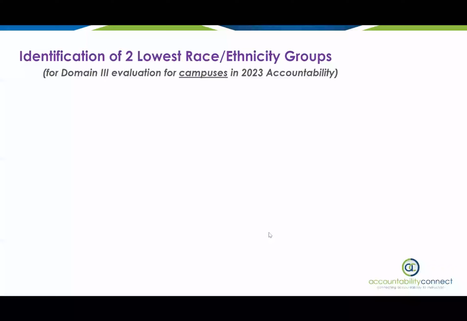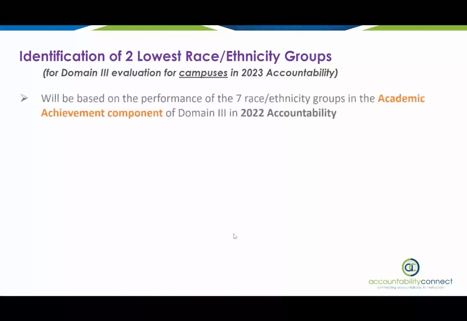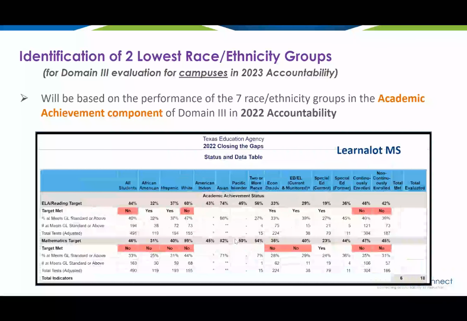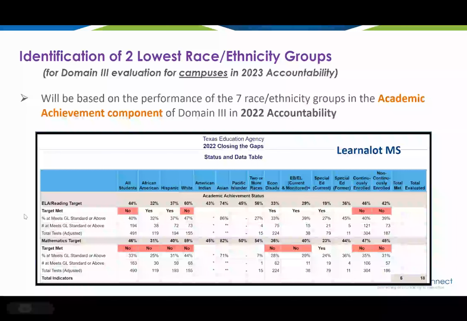As far as identifying your two lowest race and ethnicities, again, we're going to use our 2022 assessment data to determine what that is. The way we calculate this is by taking a look at just the number of students who met grade level or above.